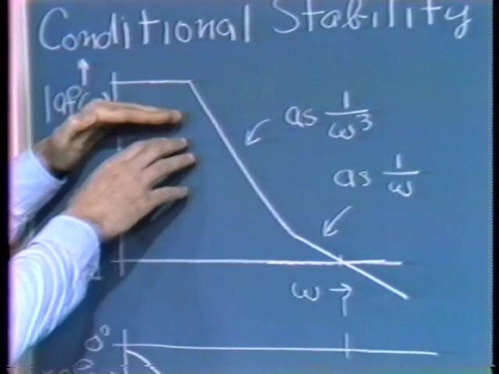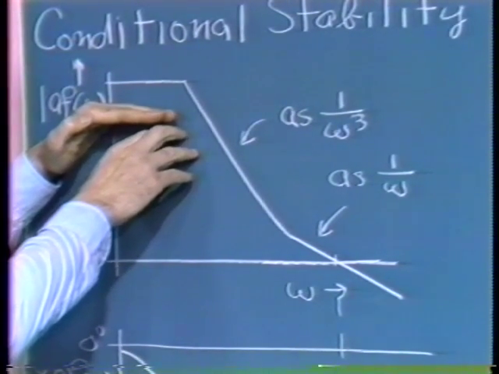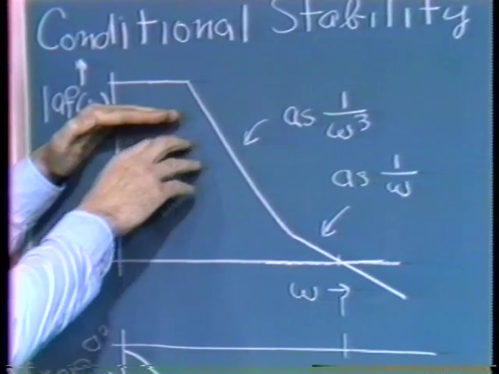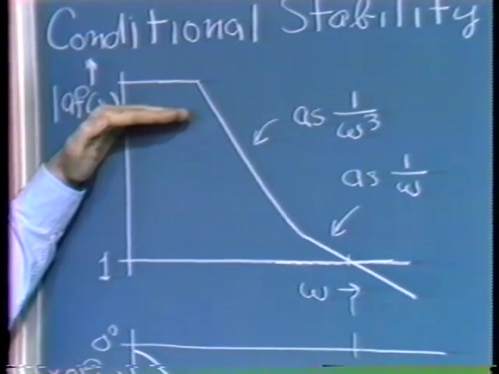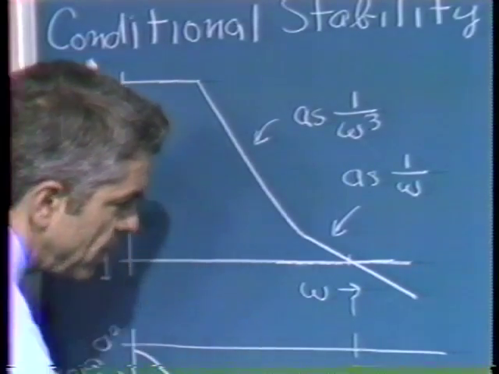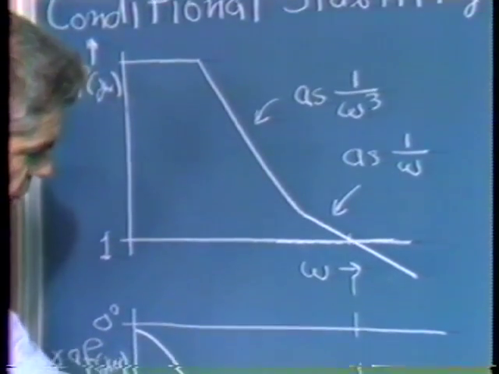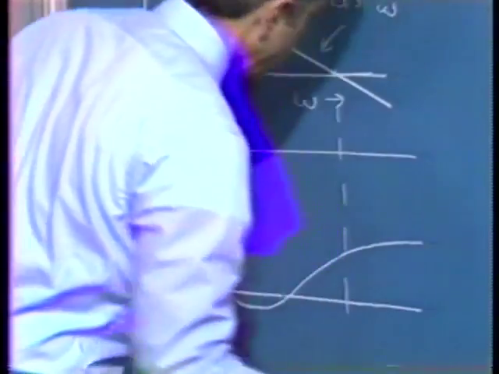We have a value for the loop transmission magnitude that's less than that which exists when we have small signals. The gain in a describing function sense of the nonlinear element is smaller. And so that pushes the magnitude curve down. And we could push it down sufficiently so that crossover occurred at this frequency as one possibility. So let's look at that.